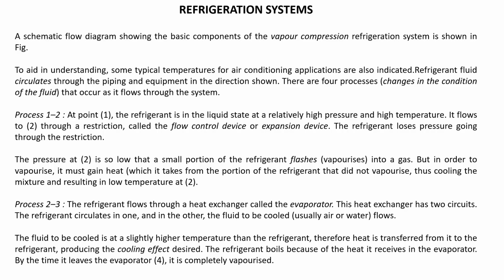Since the pressure at 2 is low, a small portion of the refrigerant flashes, or evaporates, into gas. But in order to evaporate, it must gain heat, which it takes from the portion of the refrigerant that did not evaporate. Thus the mixture is cooled, resulting in a low temperature at 2.